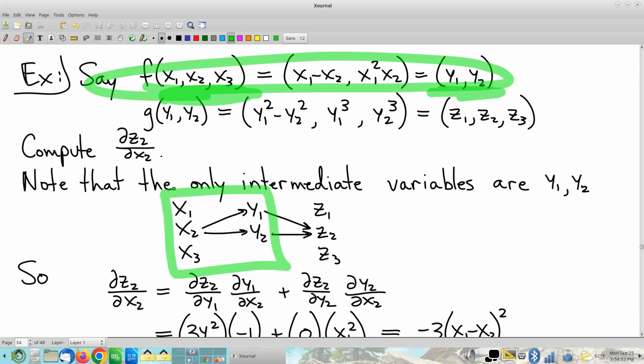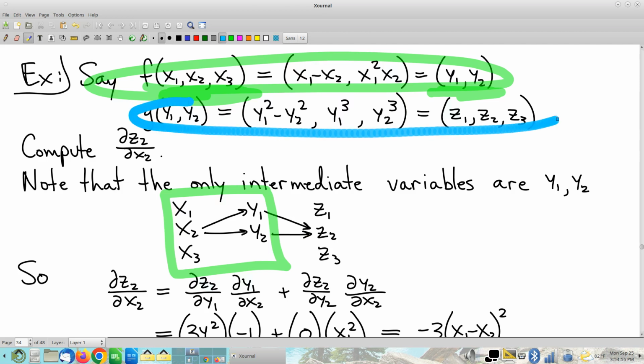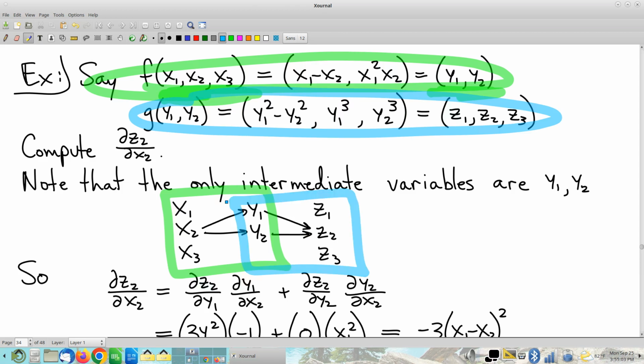Now I've got this second function here that takes y's as the inputs and gives you z's as the outputs. And so again, correspondingly, on the diagram there, this is our little road map of which variables relate to which other variables in which way, and what's a function of what, and that kind of thing, right?